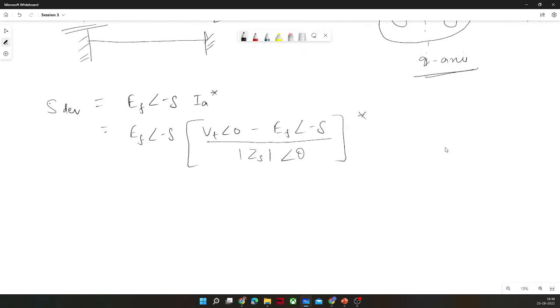So this is the apparent power in the machine, or apparent developed power in the motor.